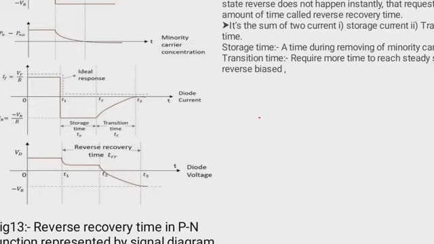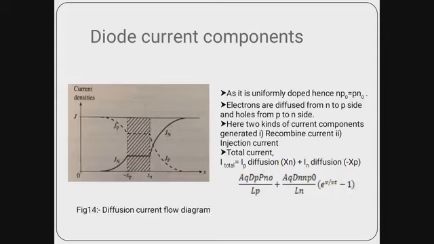So the total reverse recovery time TRR is equal to TS, the storage time, plus TT, the transition time. This is the description of reverse recovery time using these plots in a PN diode.